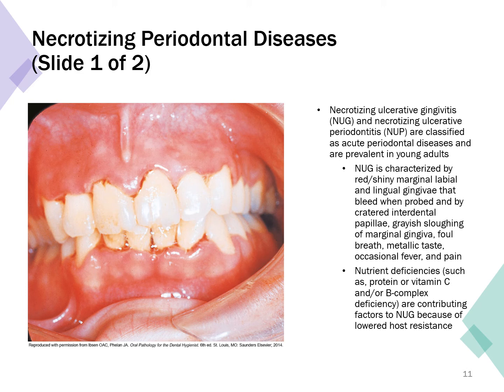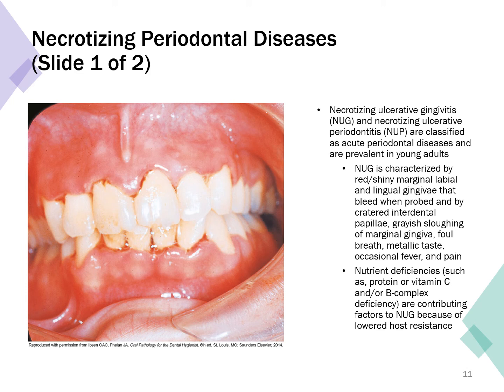So cratering of the interdental papilla is pretty important in order for it to be necrotizing and ulcerative, right? Grayish sloughing, that's the ulcerative part. Foul breath, sometimes a metallic taste. Occasional fever, and it is very, very painful.